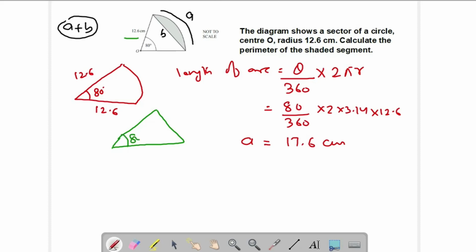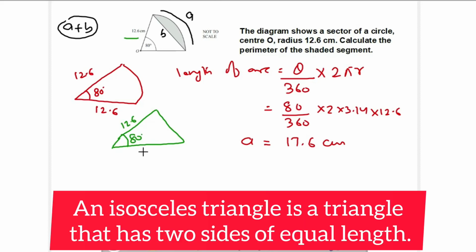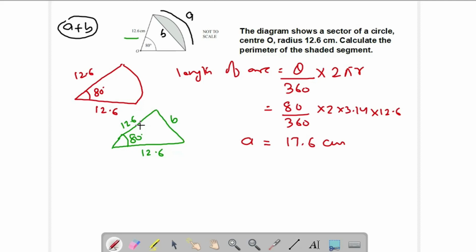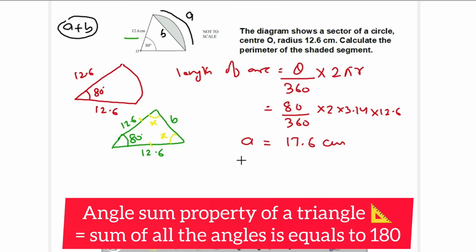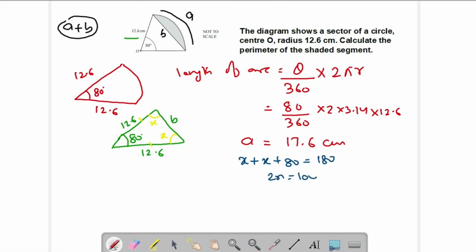This is 80 degrees, and this is 12.6, so this is also going to be 12.6, and this is B. Since these two sides are equal, this is an isosceles triangle. If this angle is x, then this is also x. So by the angle sum property, 2x plus 80 is equal to 180 degrees, that means 2x is equal to 100 and x is equal to 50. So x is 50 and this is also 50.